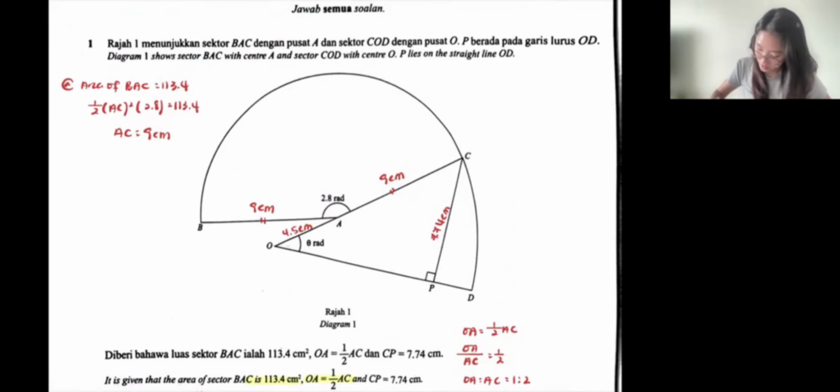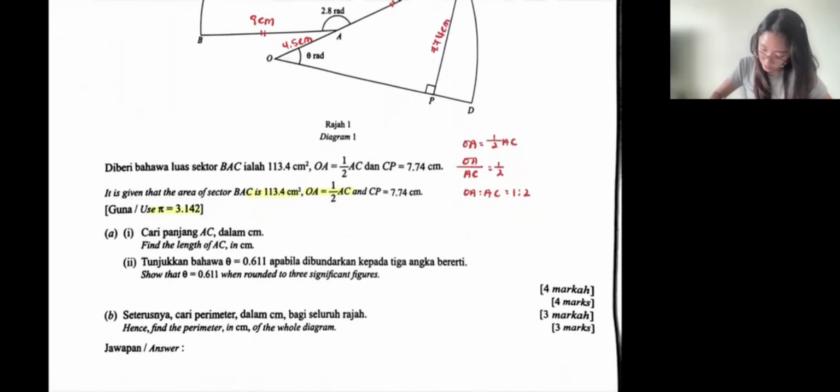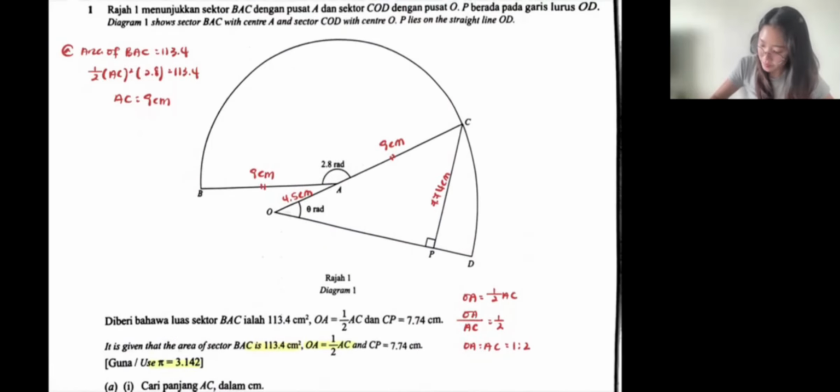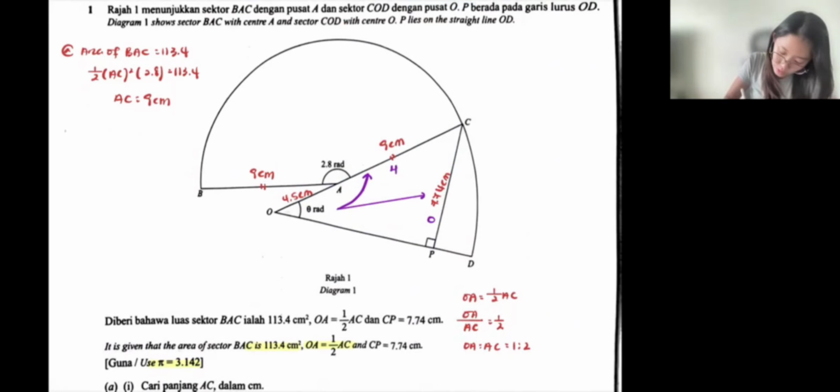Next one, part 2. Show that theta equals 0.611 when rounded off to 3 significant figures. Theta is over here in the right angle triangle. To find the angle, very easy: you have the opposite side and the hypotenuse, so you can use sine.